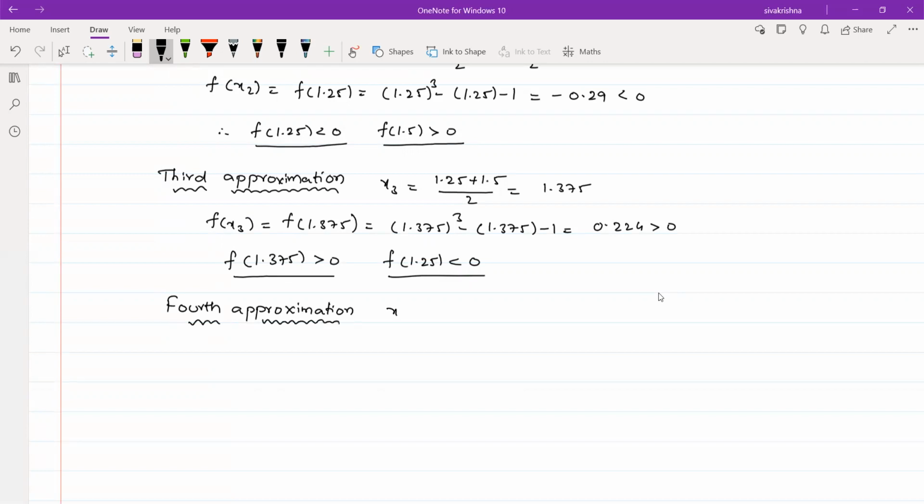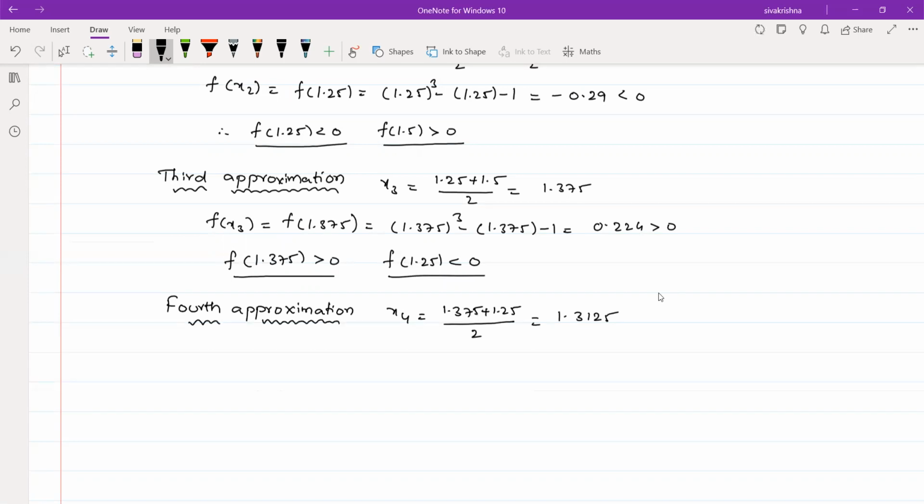That is, x4 is equal to, once again, the average of 1.375 and 1.25. We have to calculate the average of those two numbers which have opposite signs. So this is equal to 1.375 plus 1.25 by 2, which is equal to 1.3125. This is the fourth approximation.